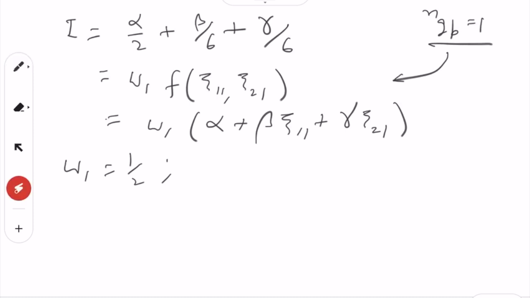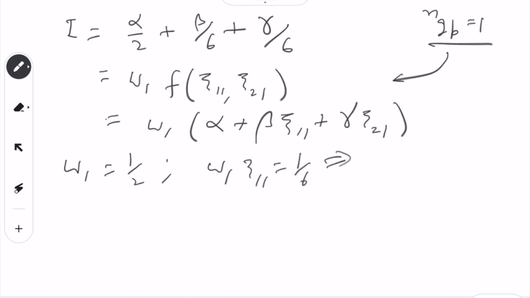So, W1 equal to half. Then if W1 equal to half, this beta, this one multiplied by this will be 1 over 6. So, W1 multiplied by xi 1 equal to 1 over 6.